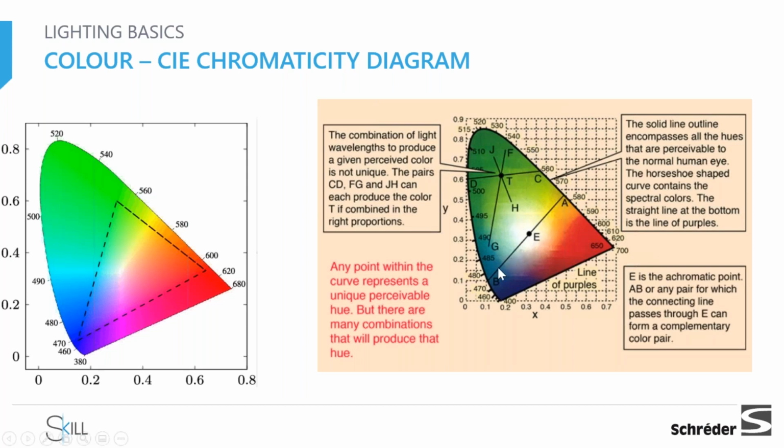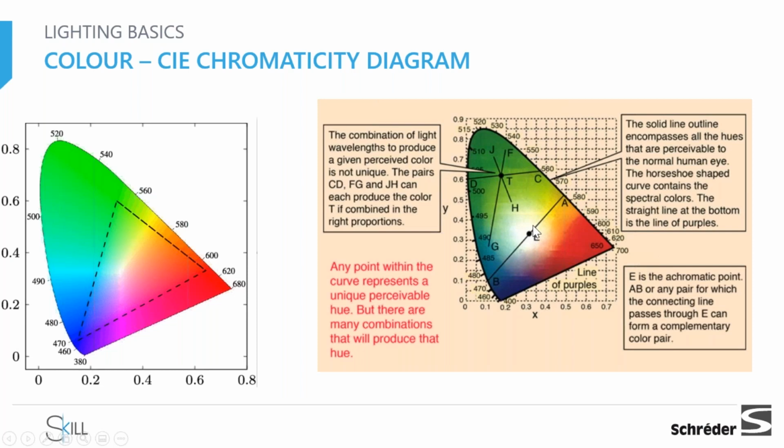So from A to B, if you want to achieve any light in this line, we need to mix the 575 nanometer with the 475 nanometer. The exact middle, point A, it means maybe 50% of this and 50% of this.